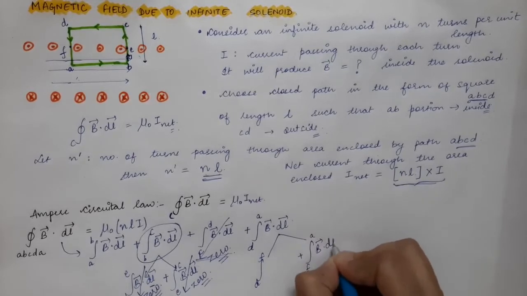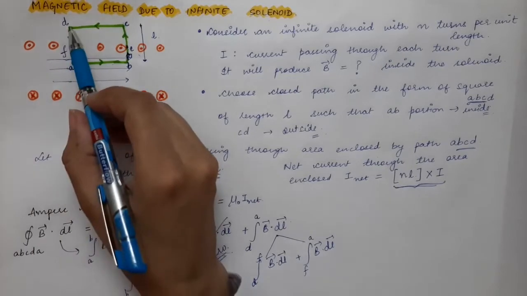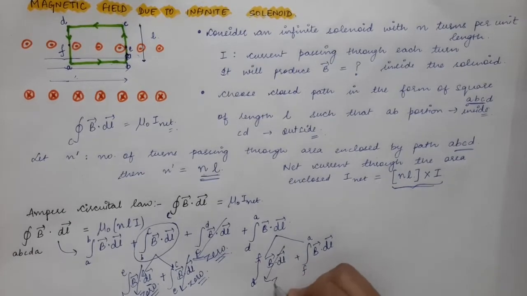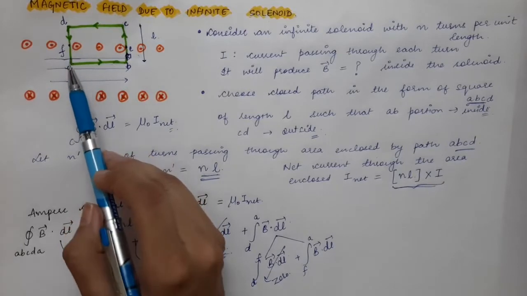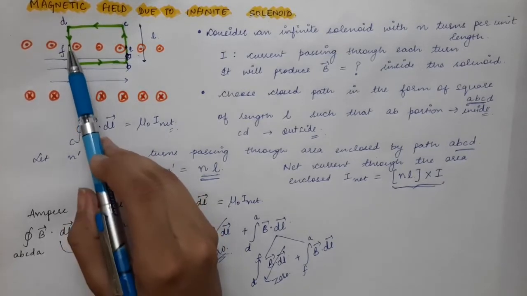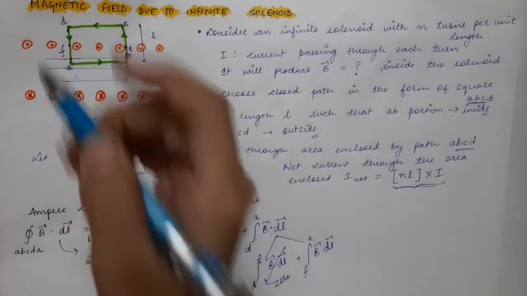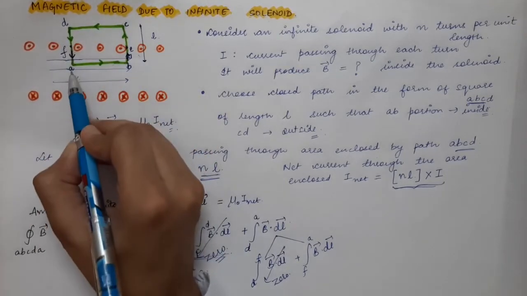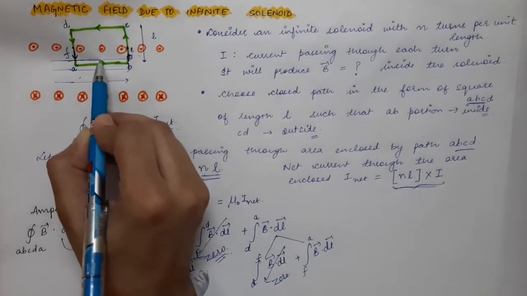And this B vector dot product with DL vector as it is. Now this D to F integral will be equal to 0 because the magnetic field outside the solenoid is 0. And the line integral from F to A will also be equal to 0 because when you are moving in this direction from F to A, the DL vector is pointing in this direction and the magnetic field inside the solenoid is pointing in this direction.